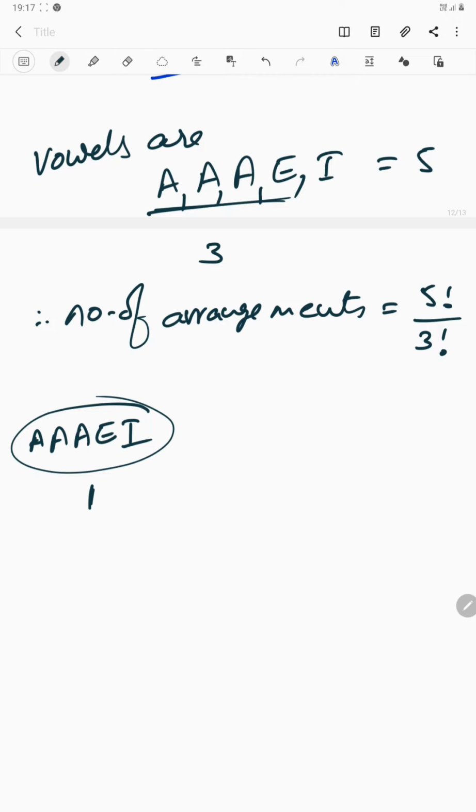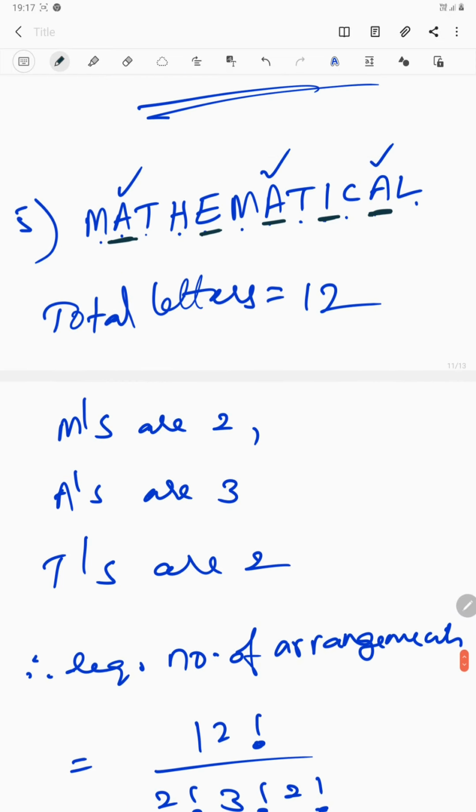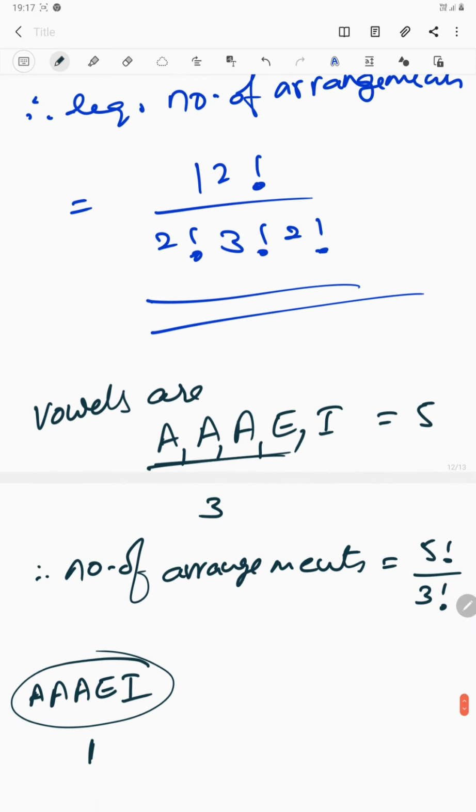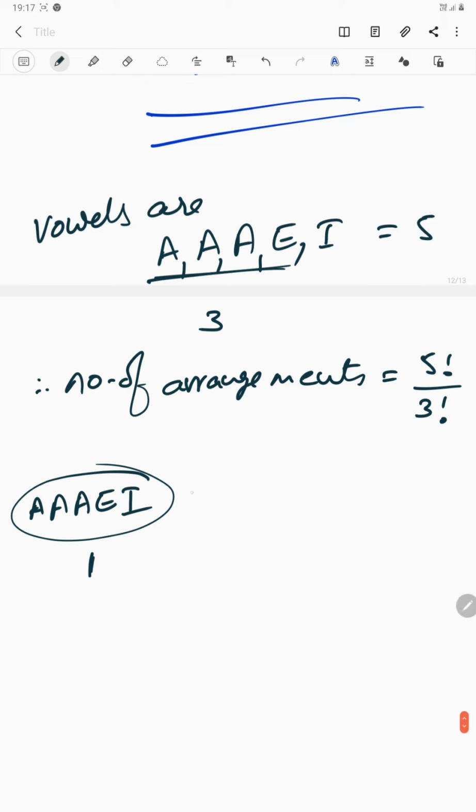And the remaining letters कितने हैं? Total कितने letters? 12 are there. 12 में 5 आ गया है. तो remaining 7 are there. That is M, T, H, M, T, C, L.